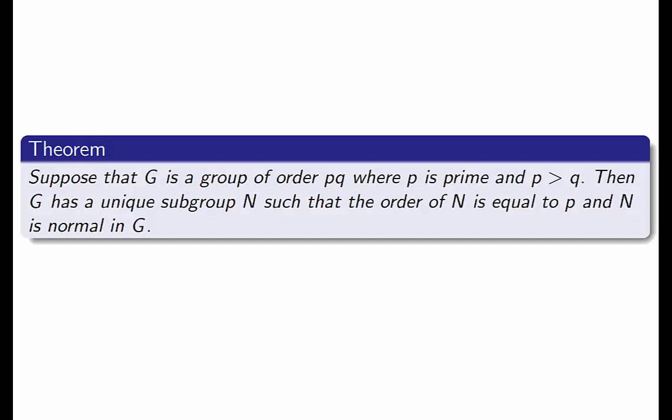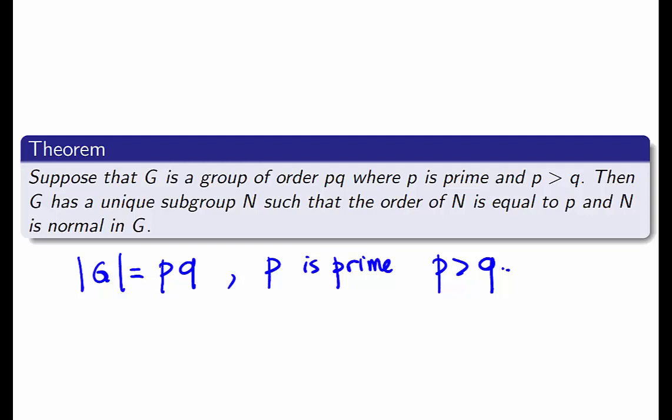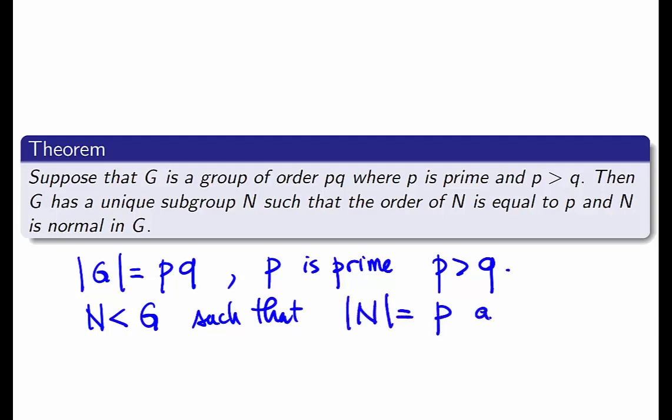We will now explore some direct consequences of Cauchy's theorem. The first one says the following. Suppose that G is a group of order PQ, P is prime and P is greater than Q. Then this result says that G has a unique subgroup N such that the order of N is actually equal to P, and in fact N is also normal in G. All right.